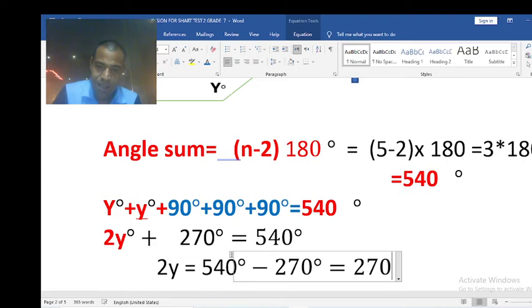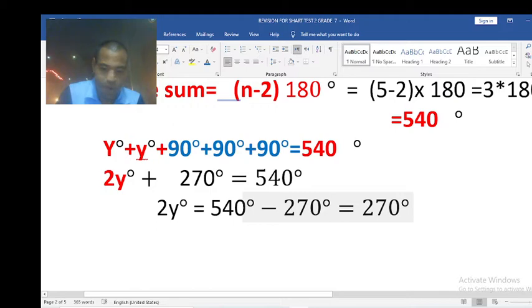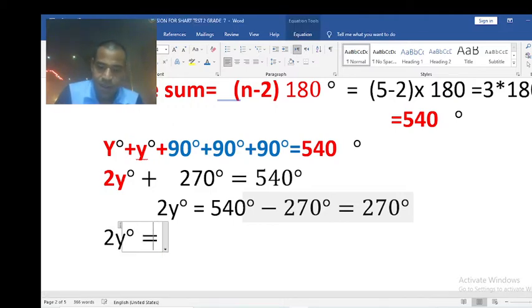You can make the compact method: 540 minus 270 really gives 270. As a conclusion, we can say that 2y equals 270 degrees, of course.